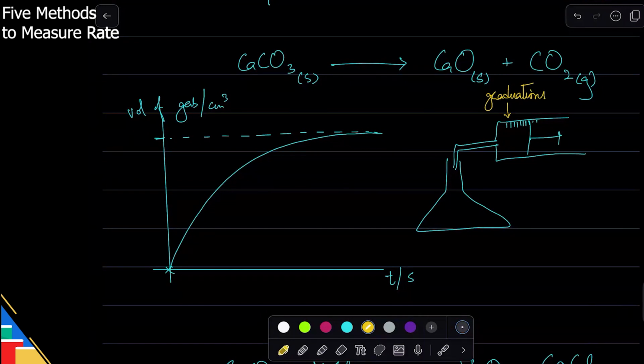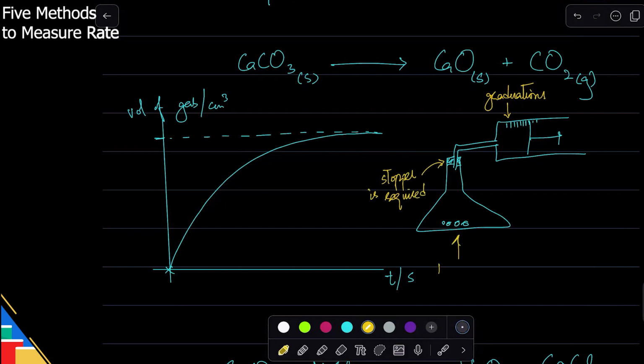Okay. What is wrong with this setup right now? Can somebody tell me? There's no cap to block the gas. Very good. So there has to be a cap because we want to stop the gas from escaping. A stopper is required, so when you label or draw it, make sure you do it.